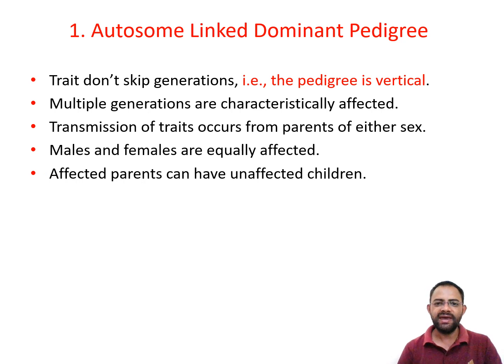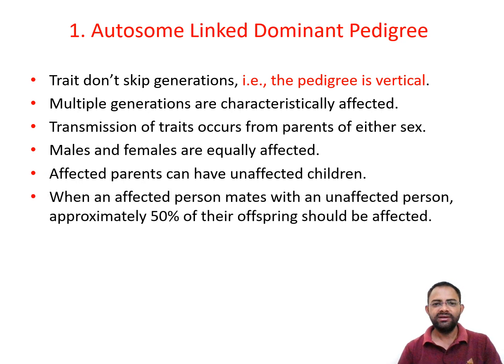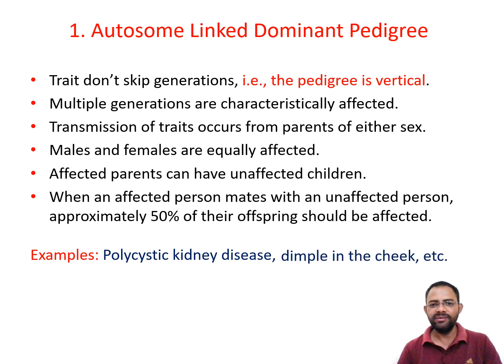Affected parents can have unaffected children, and when an affected person mates with an unaffected person, approximately 50% of their offspring should be affected. Examples of such pedigrees are polycystic kidney disease, dimples in cheeks, etc.